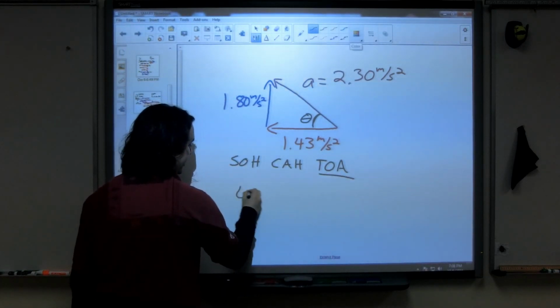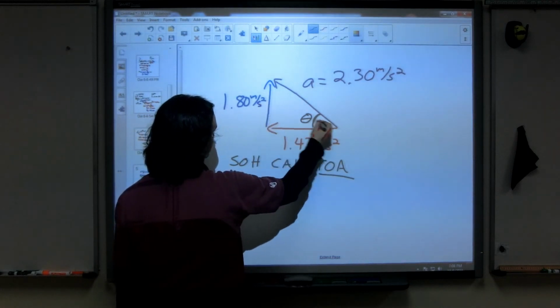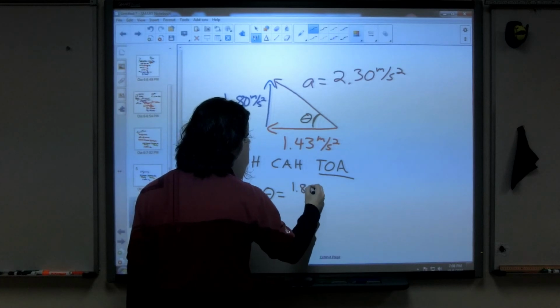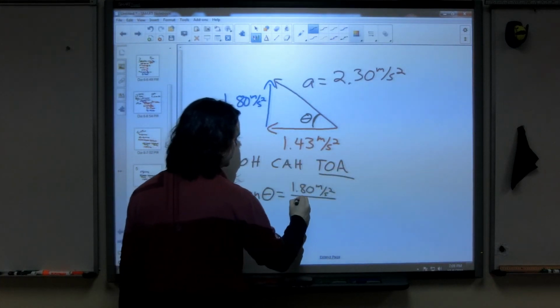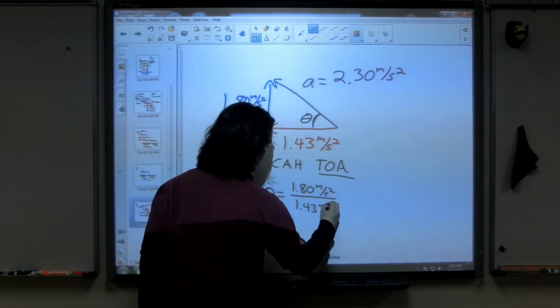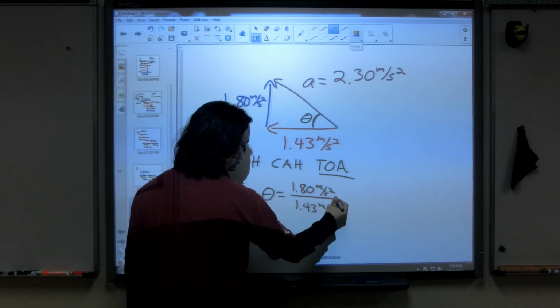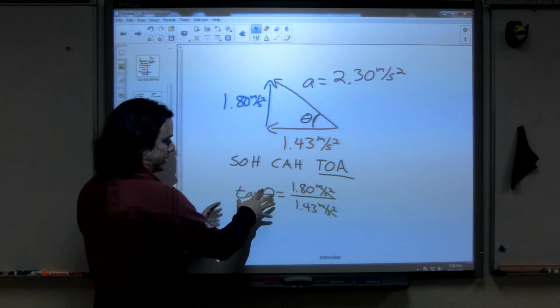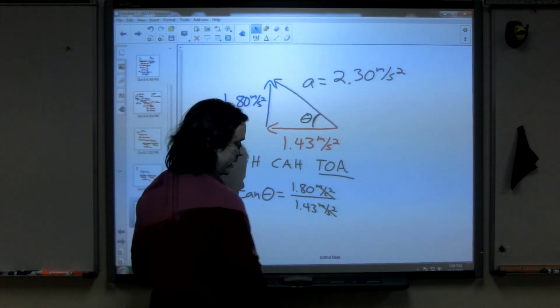And TOA tells me that tangent of theta equals my opposite, 1.80 meters per second squared, over my adjacent, 1.43 meters per second squared. And you will notice that the units cancel out. Tangent of an angle gives us just a number with no units. So this actually works out.